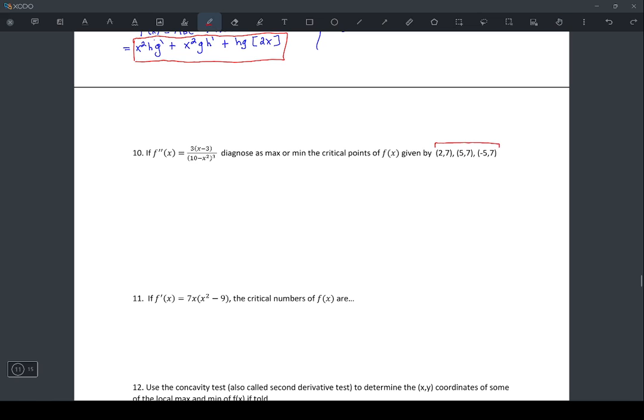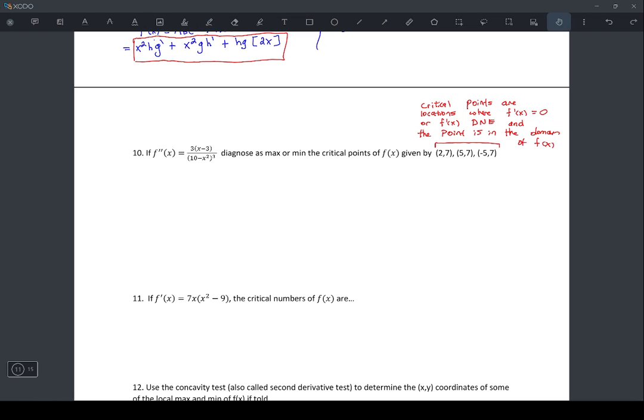Recall from your previous calculus course that critical points are locations where f prime of x equals 0 or f prime of x does not exist, and the point is in the domain of f of x.